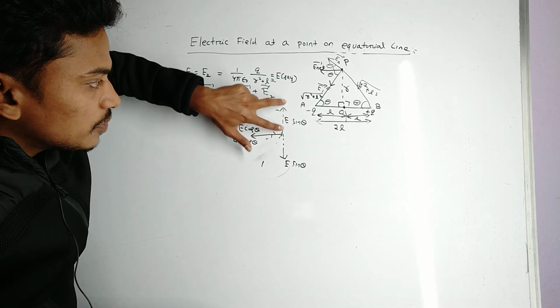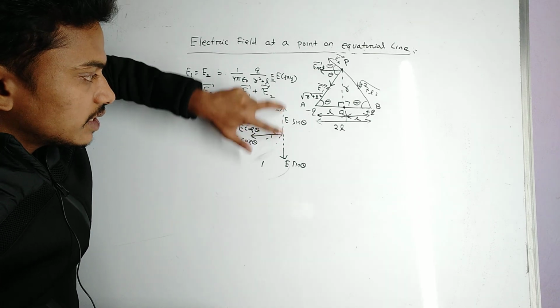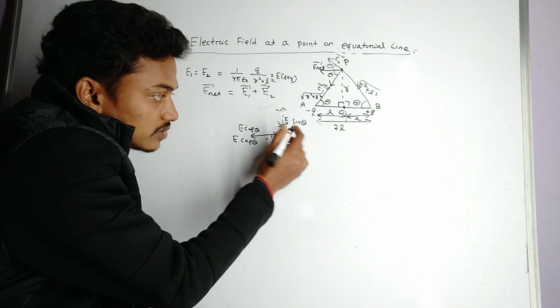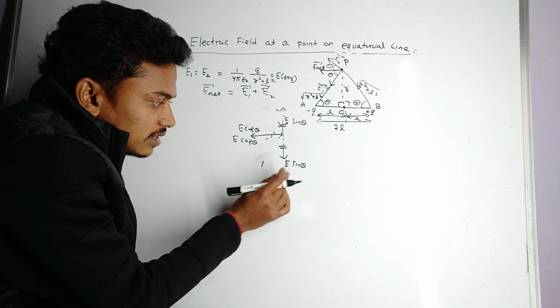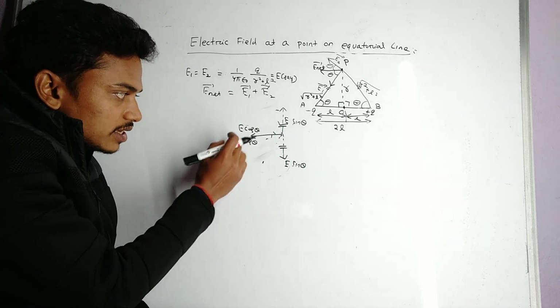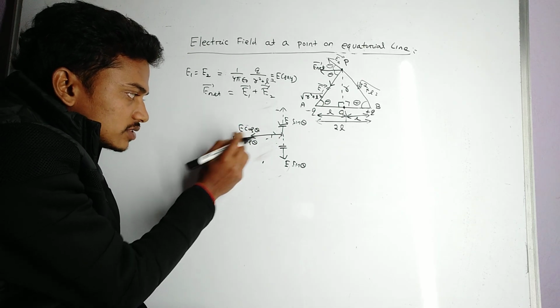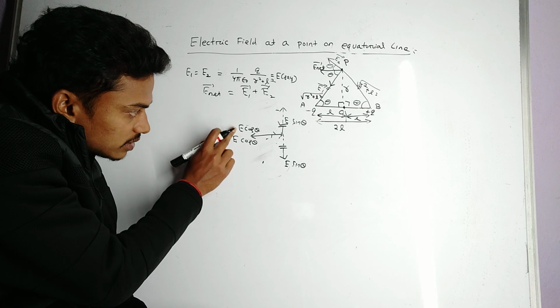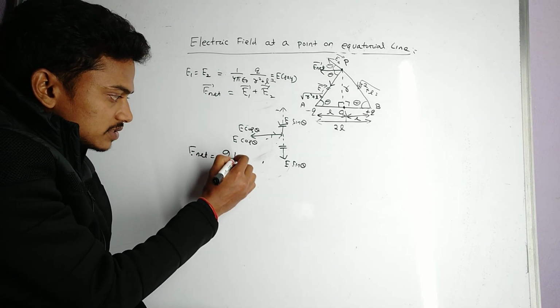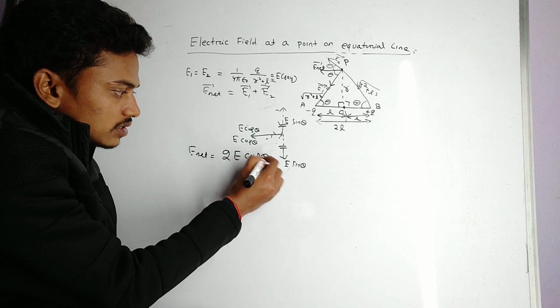They are exactly opposite to each other and equal in magnitude, so they cancel out. So only the E cos theta and E cos theta components are left. So E net will be 2 times E cos theta.